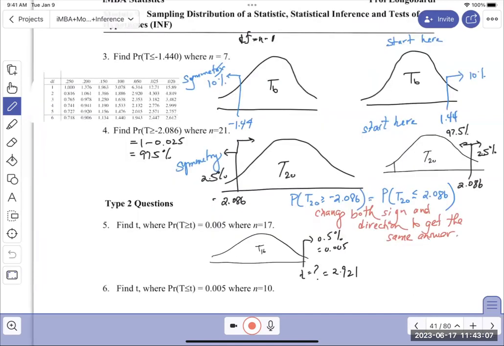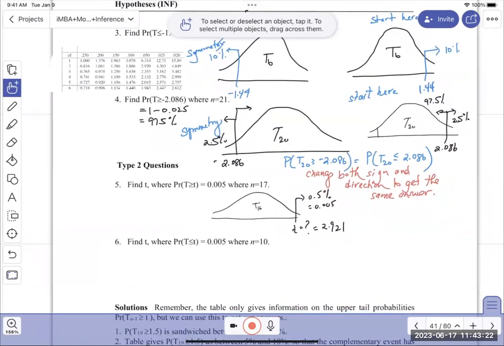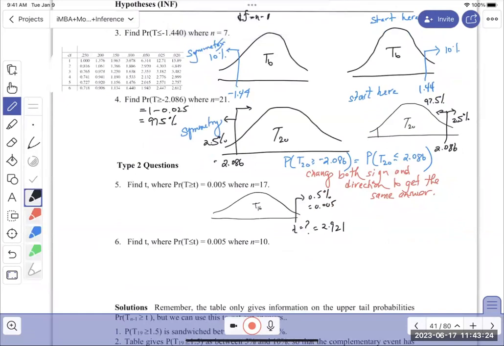Now, if you go the other way, but you change the degrees of freedom to 9, what changes? Let's draw it.